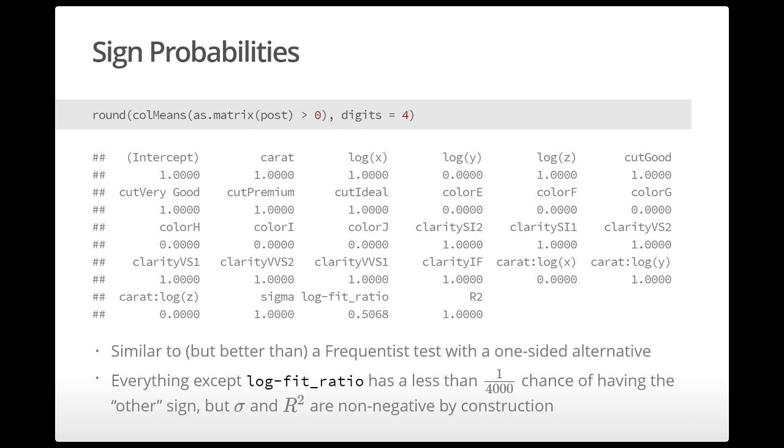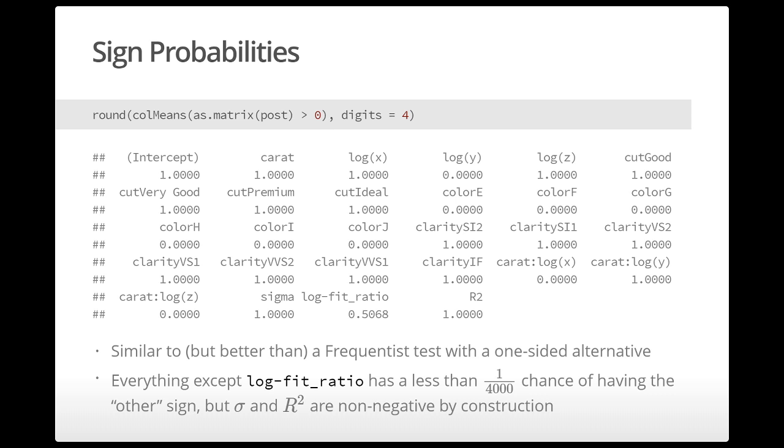We're no longer testing that it's exactly 0 as a null hypothesis against a one-sided alternative that it's positive. We're just saying what's the posterior probability that it's positive versus the probability that it's negative. So now we're thinking about two intervals rather than a point and an interval, which is kind of weird.